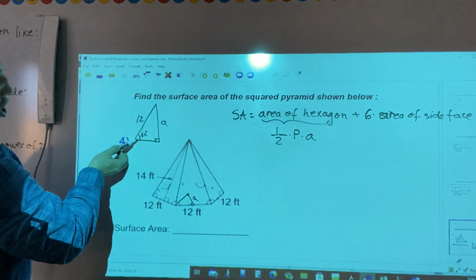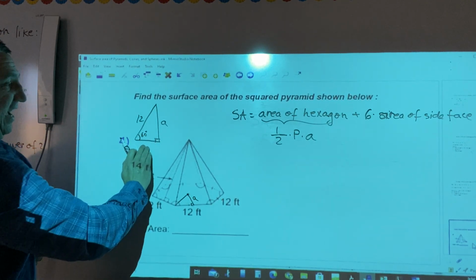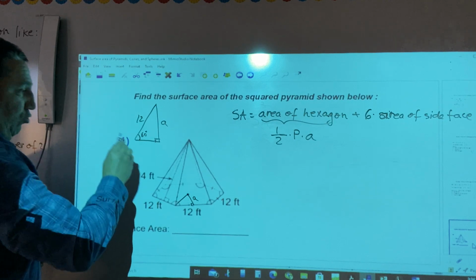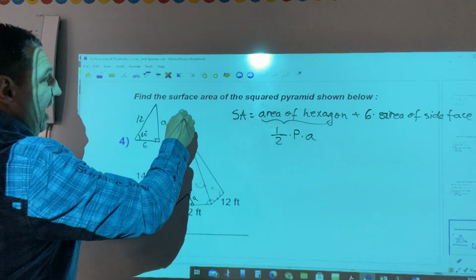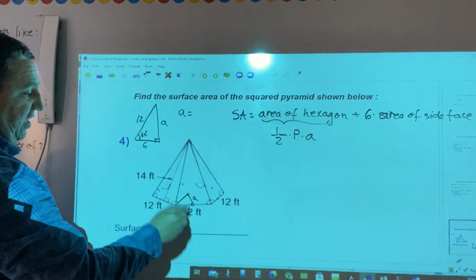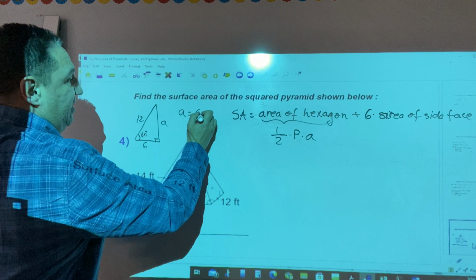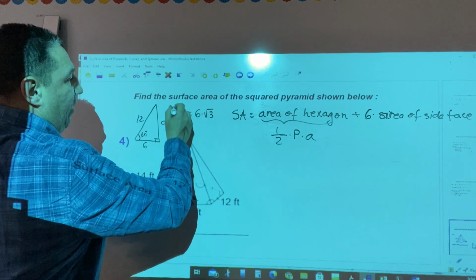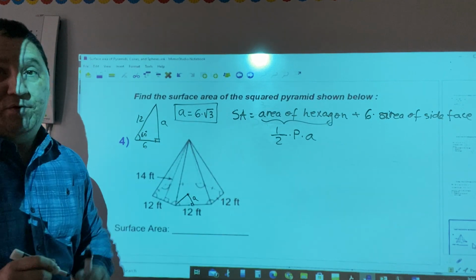But first, let's find the shortest side. The shortest side is half of the hypotenuse, which is 6, right? So, the longest side, which is the apothem, would be 6 times square root of 3, right? So, we found the apothem.